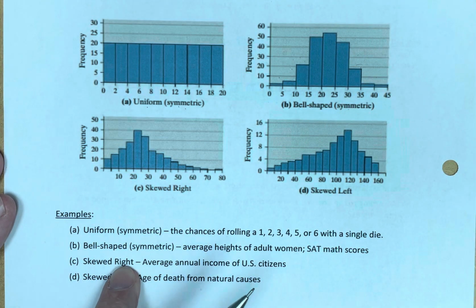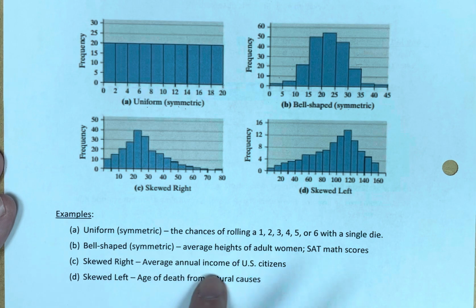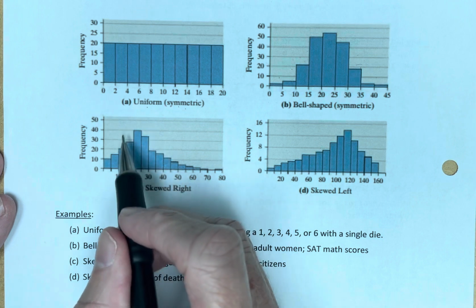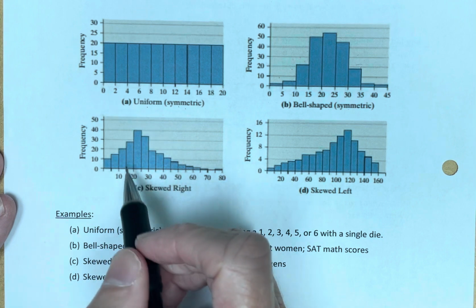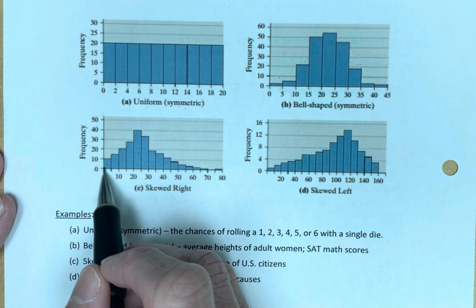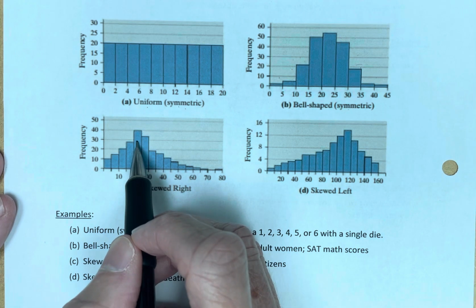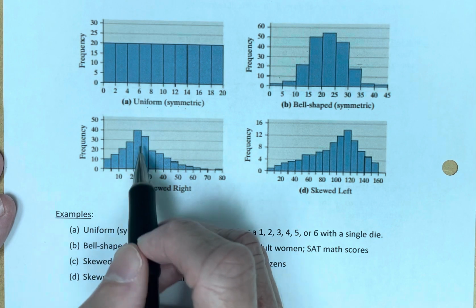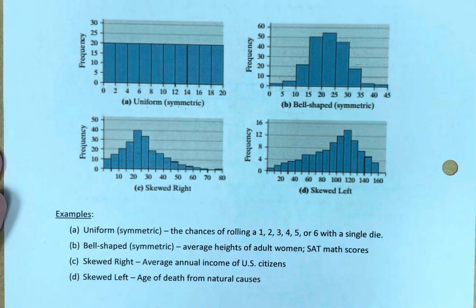Okay, skewed right. The average annual income of U.S. citizens. Most fall in this range, but there aren't that many that are below that. If most fall at $100,000, let's say, and that's probably pretty high, there are a fair number of people who are below that.